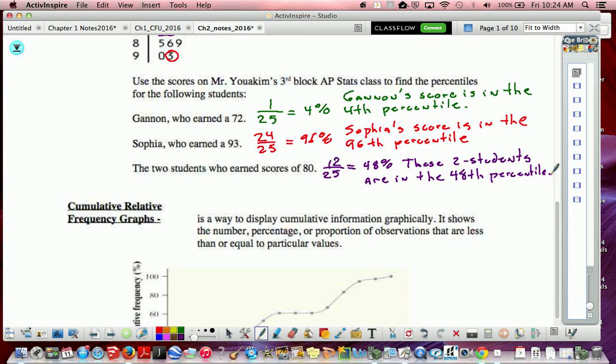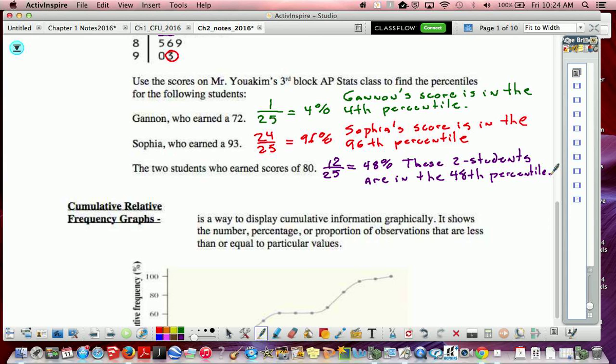Percentiles are great because you can start to compare your scores to others, okay? Especially in a large group. Many times where you start to see percentiles, when you were a little kid going to the doctor, you usually get your height and weight, and they tell you what percentile you would be in for kids your age, boys or girls like age 4 or 5.